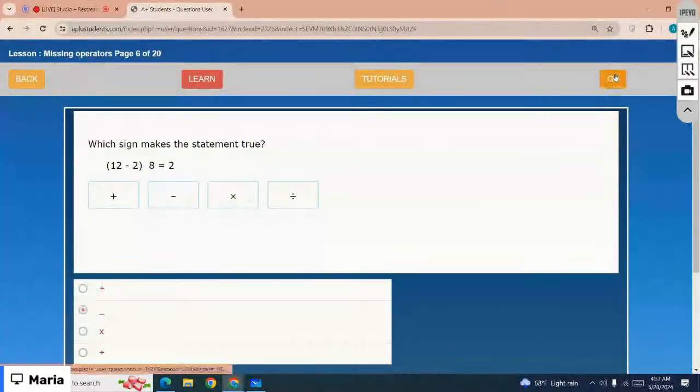So the correct option is subtraction. The correct option is subtraction, because 18 divided by 2 is 9 and 12 minus 9 is 3. So the correct option is subtraction.